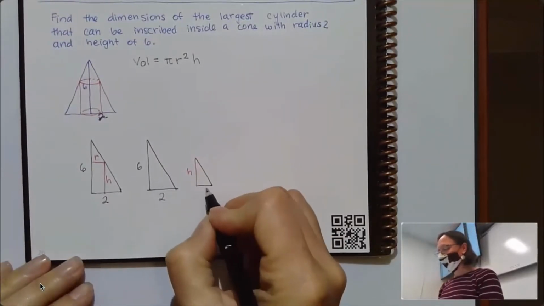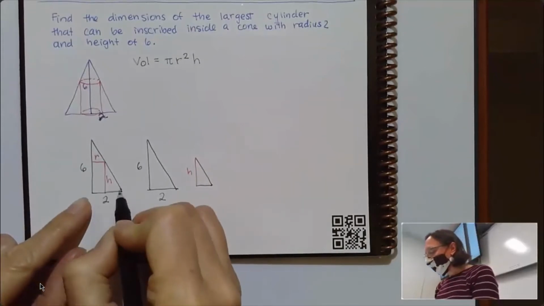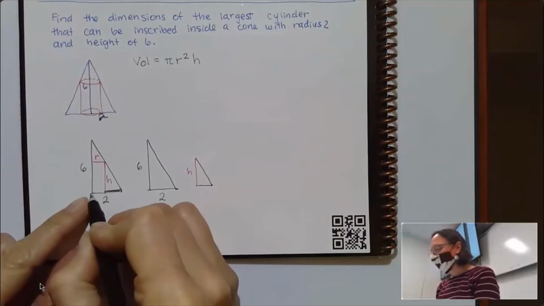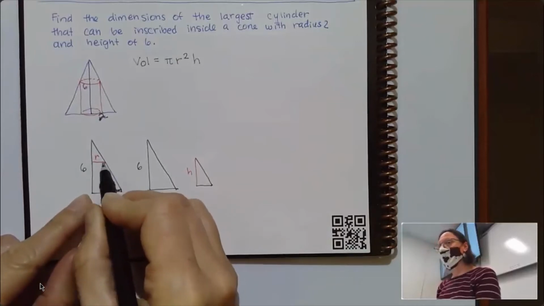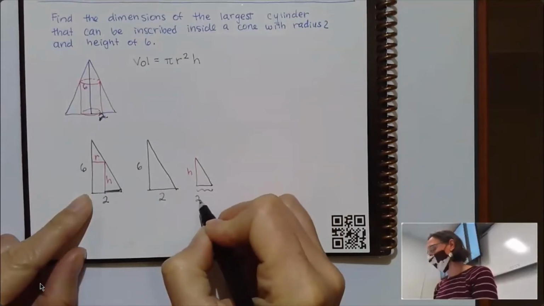So this side right here is this piece, meaning it's 2 minus the R. So this side is 2 minus R.